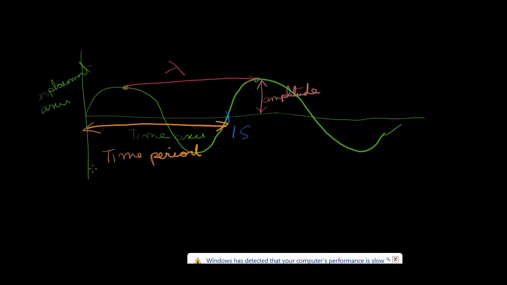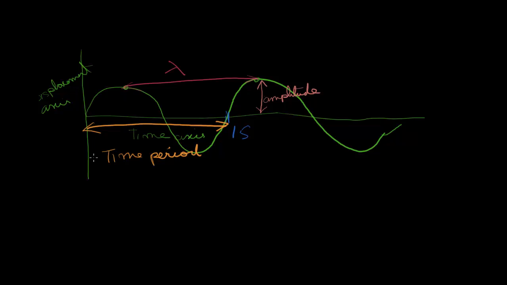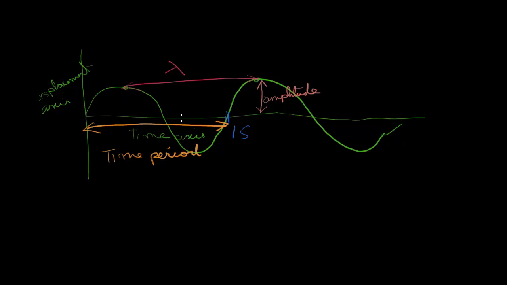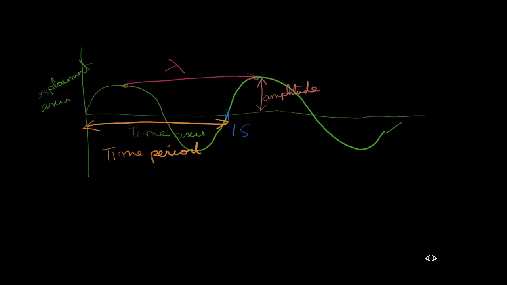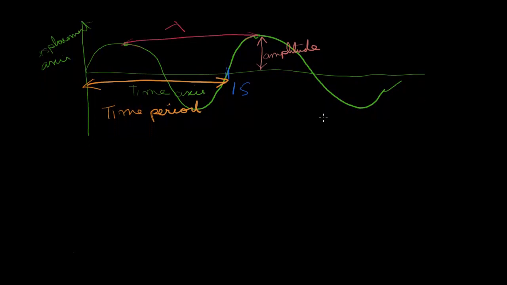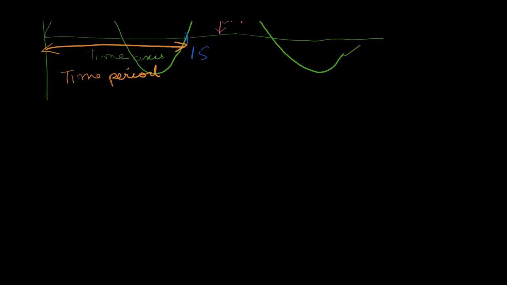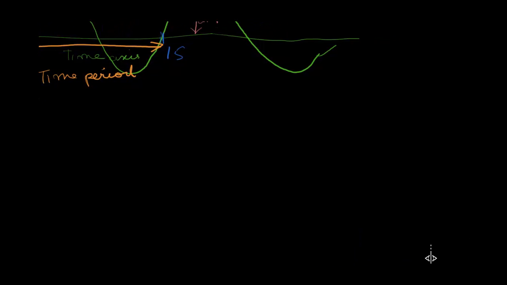But how can we get the wavelength for longitudinal waves, for which we have a series of compression and rarefaction? Let us see. Say that we have a series of compression and rarefaction.